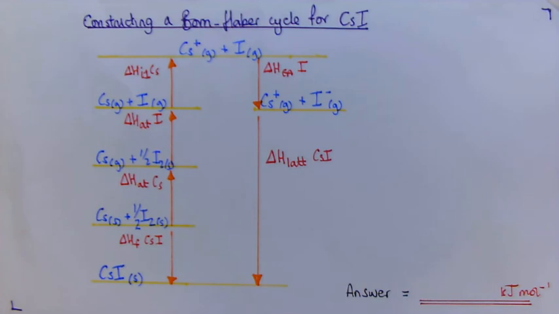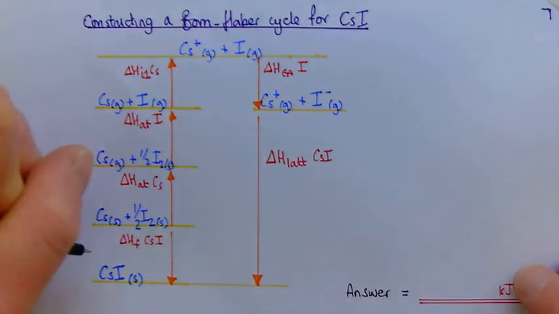So now you can see we've constructed a cycle with lots of complicated terminology on it, and we need to work out the value of an unknown. So let's plug in the data you're given.